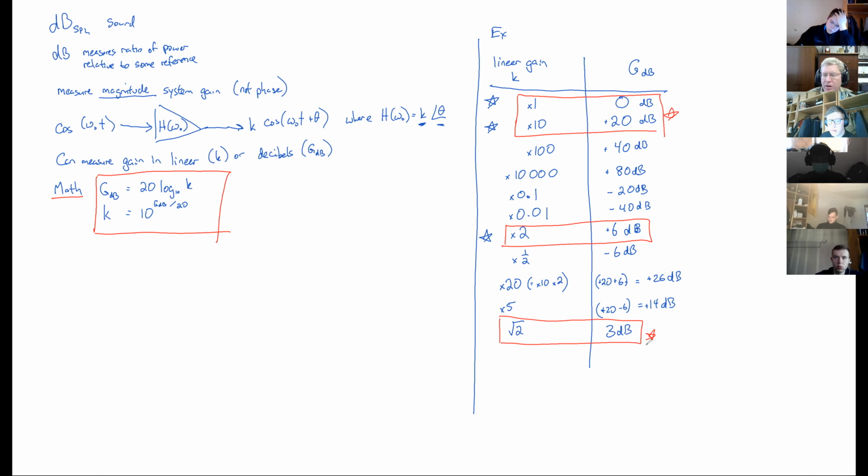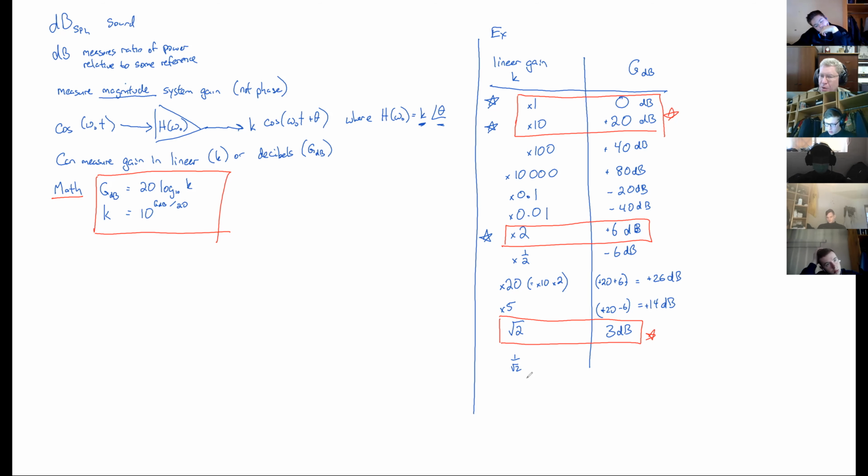The reason why the square root of 2 thing is so important is actually not because of the square root of 2, but because of this weird guy, 1 over the square root of 2. If you multiply the voltage by 1 over the square root of 2 into a standard load like a 1 ohm resistor, then you also multiply the current by 1 over the square root of 2.